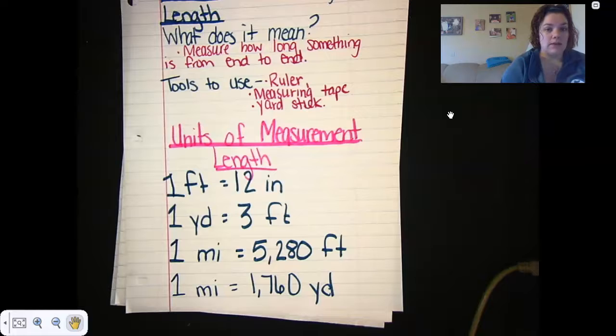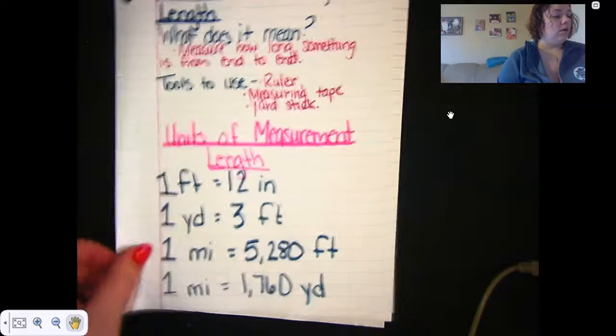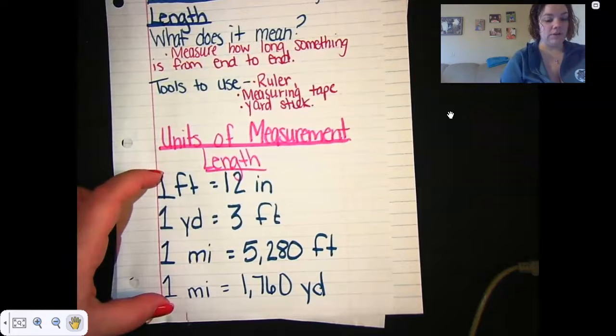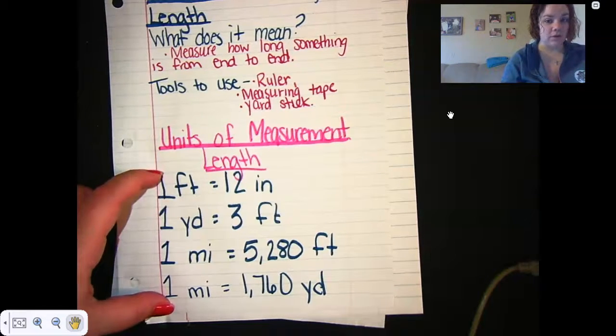It is important that if you are putting the feet or the inches in there, you put a space in between the number and what unit you're using. I want to make sure that you write all this down. We're going to be doing a different type of unit of measurement tomorrow. As you're doing your homework, you can pull this video up as many times as you want.